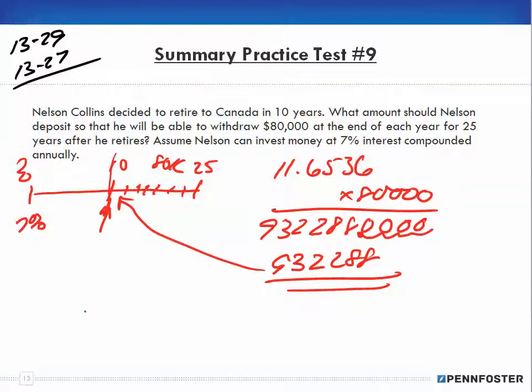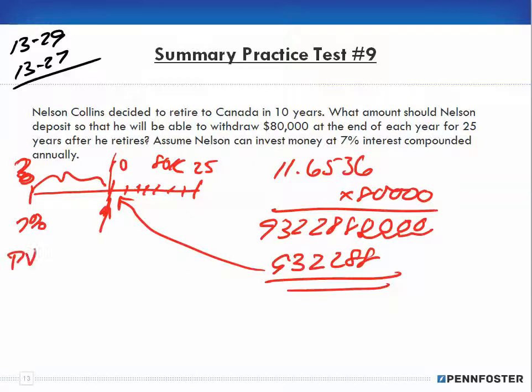Now that's not the amount I need today, because what we're asking is how much we need to deposit today as a lump sum so that it can accrue over the course of the 10-year period before he begins to retire.